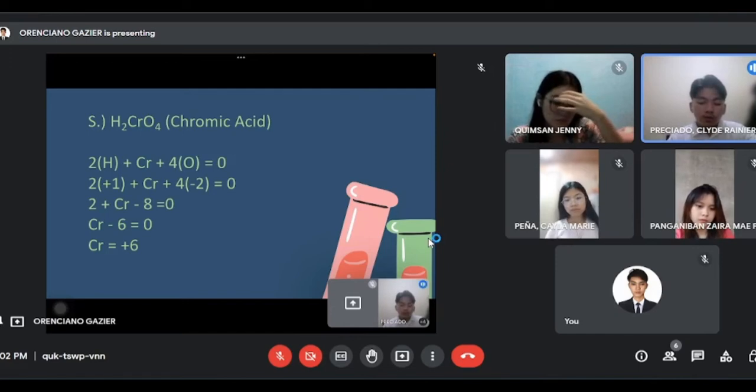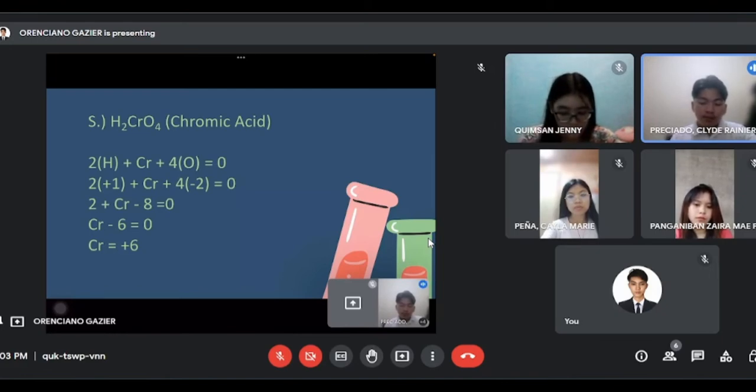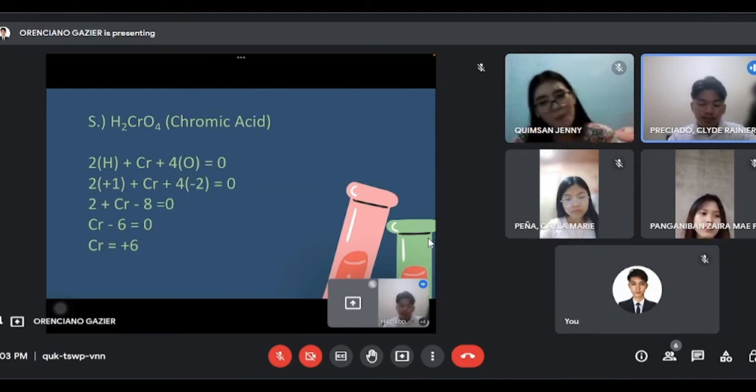If we're going to look at it, our hydrogen will have plus 2 charge and the chromium will have positive 6 and oxygen will have negative 2 times 4 is negative 8. If we are going to compare the number of negative charges for oxygen, so we have negative 8 and then positive 2 plus positive 6 will give us 8 positive charge. Therefore, it is neutral.